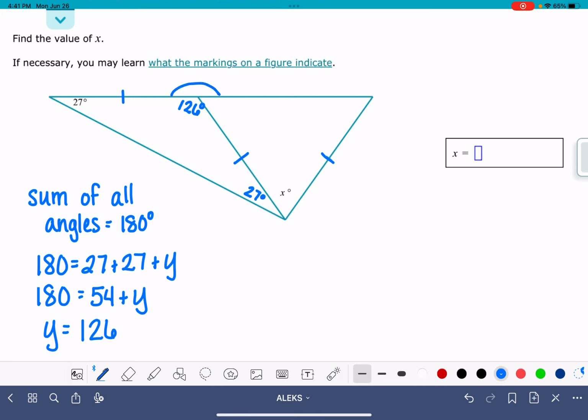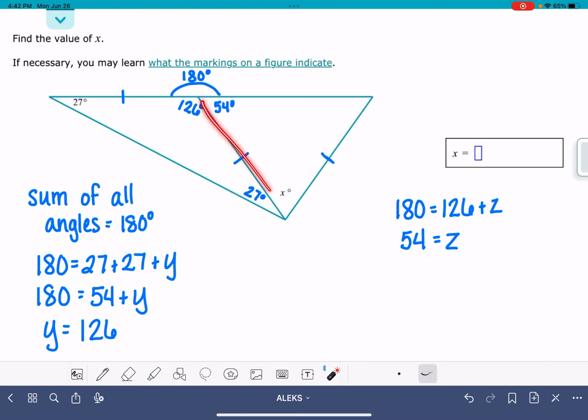I'm going to call this guy z. 180 degrees is equal to 126 plus whatever that z angle is. 180 minus 126 is 54. z equals 54. And I'm just going to go ahead and write that in.